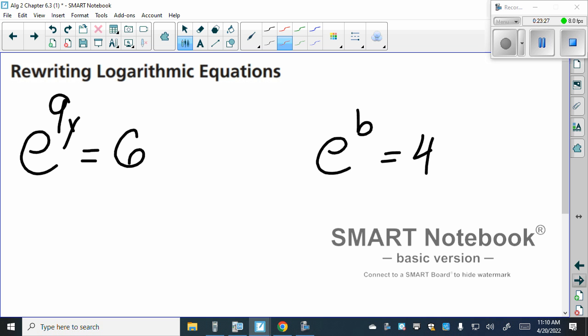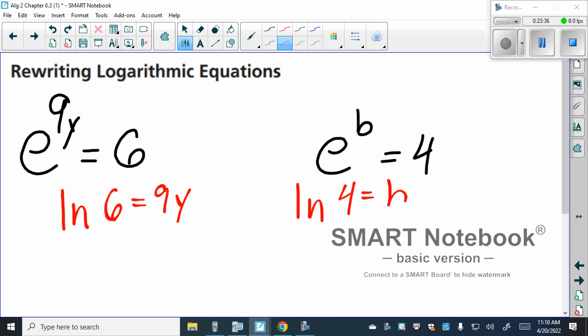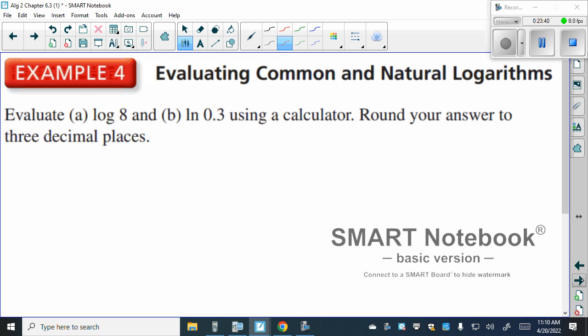I think we feel comfortable with these here, but this would just be ln of 6 equals 9y, and this would be ln of 4 is equal to b. All right, the last thing we're going to cover. All ready for this? Well, not yet.